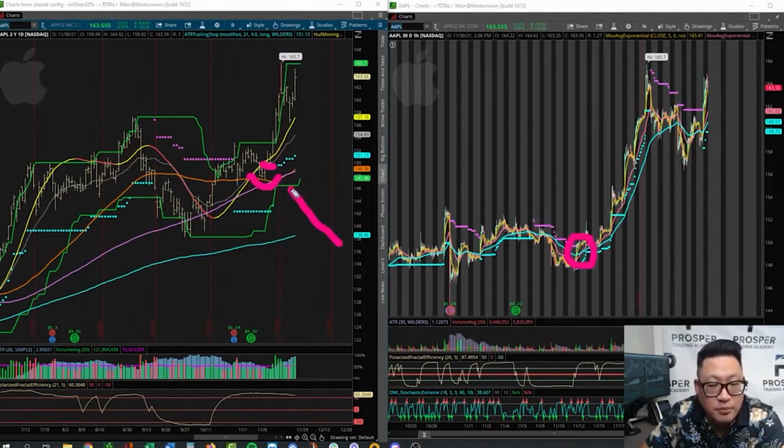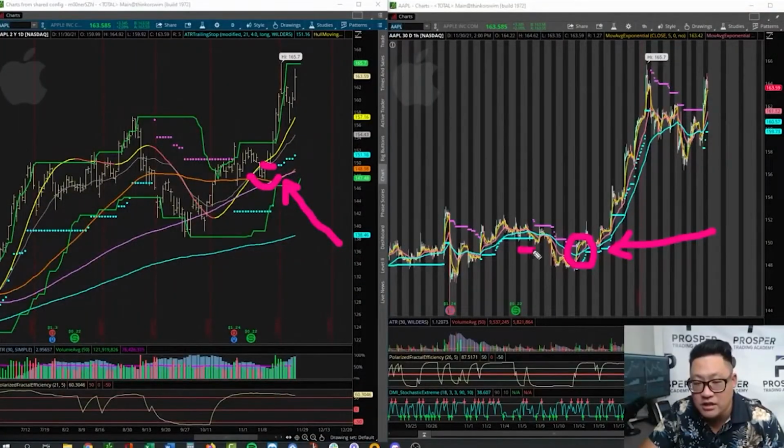So we found pretty strong technical support at that 50 simple moving average, and then we got the bullish crossover sign on that EMA. So you see the process of information here, right? We used information from one indicator on one time frame and cross-referenced that with another indicator on a different time frame, and we're starting to see what I would say suggestively two bullish signs.